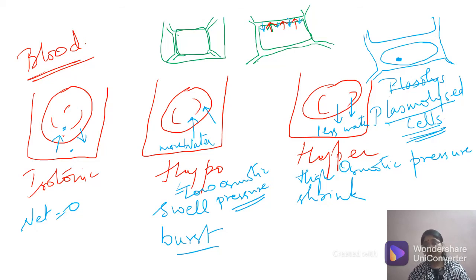So that's why they have high osmotic pressure and low osmotic pressure. And I hope this is also clear, why the cell wall is not allowing the cell to burst. And when you keep them in hypertonic solution, they shrink, and this condition in a plant cell we call plasmolysis.